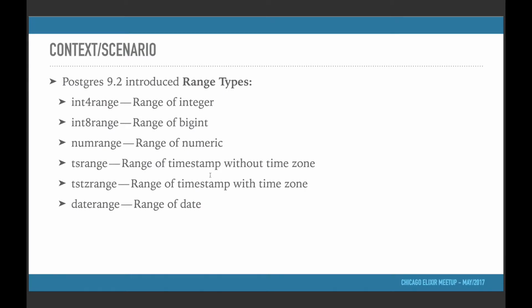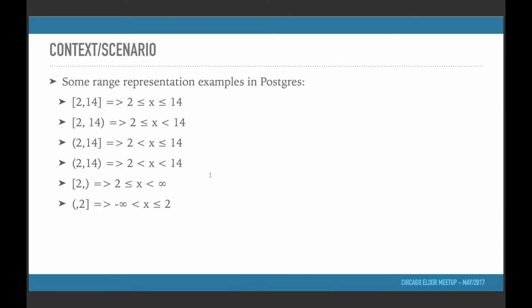Based on your application, you can take advantage of that because the way that Postgres represents that data type is different and is only one field in your database. Here are some examples. I have a range from 2 to 14, including the 2 and including the 14.